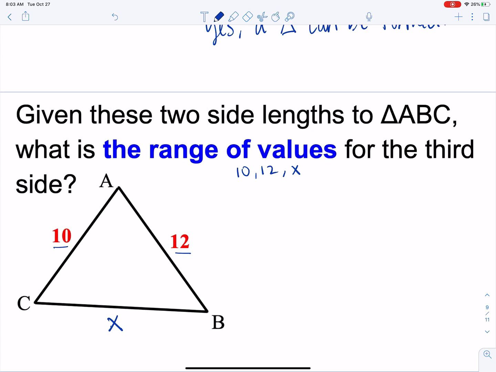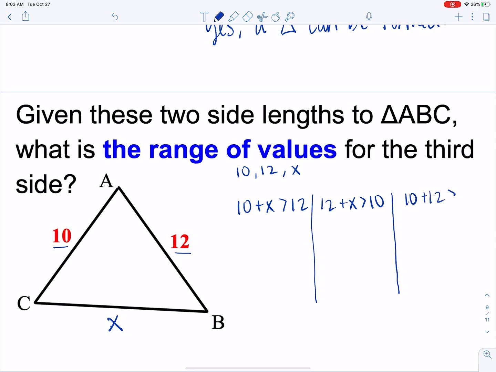So 10 plus x has to be greater than 12. 12 plus x has to be greater than 10. And 10 plus 12 has to be greater than x. So again, I'm doing all combinations of these three sides.